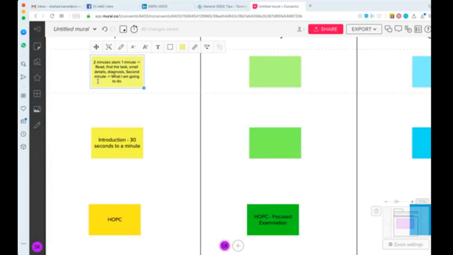What I mean by that is, if it's a history of, say, someone with hepatitis, in the first 30 seconds I think, when I go in, I'm going to ask, do you know you have hepatitis, or do you have any symptoms?